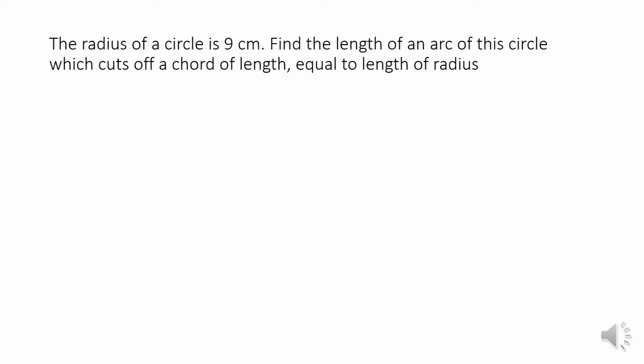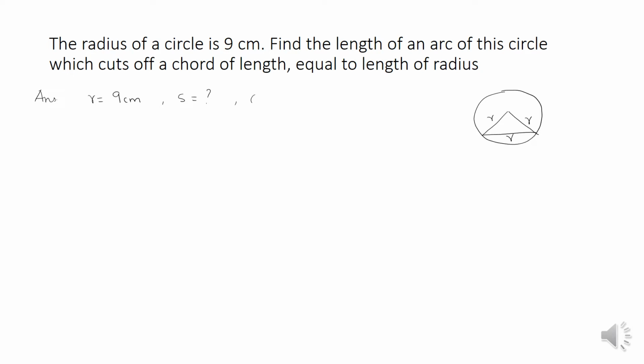Next, same type of sum, only a small change over here. Radius of circle is 9 centimeter. Find the length of the arc which cuts off a chord of length equal to radius. Now see, if I draw a circle, the length of chord is same as radius of the circle. So this triangle becomes an equilateral triangle.